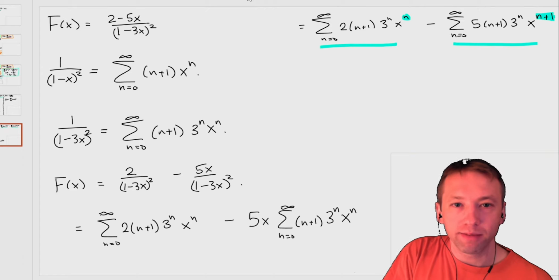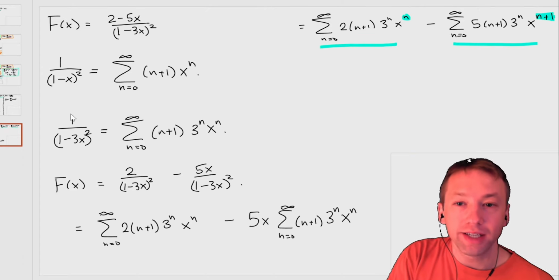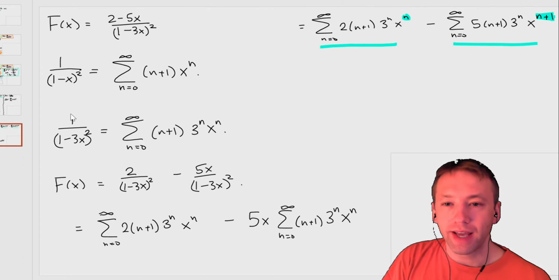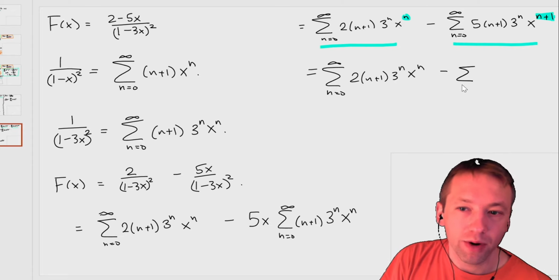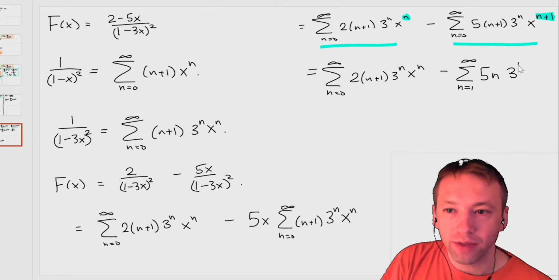So I need to shift the indices of the second sum. If I start the sum at n equals 1, then what I get is 5n, 3 to the n minus 1, x to the n.